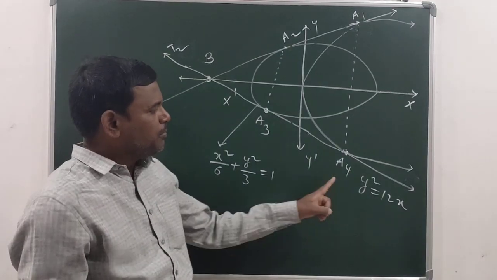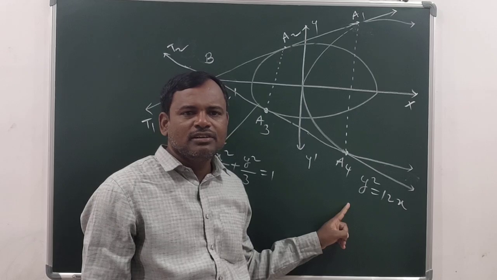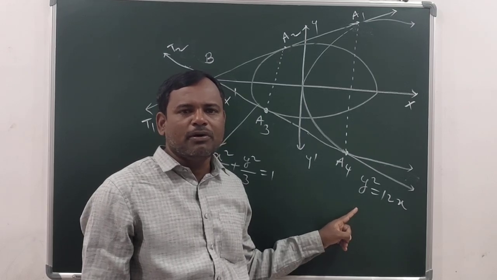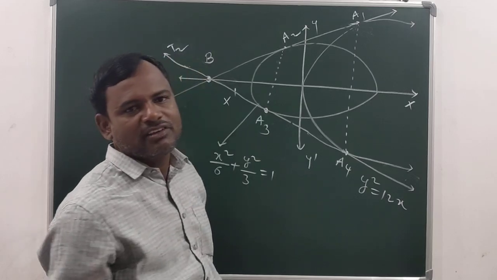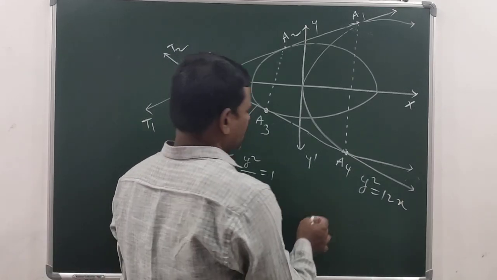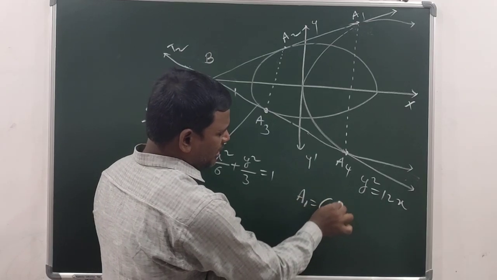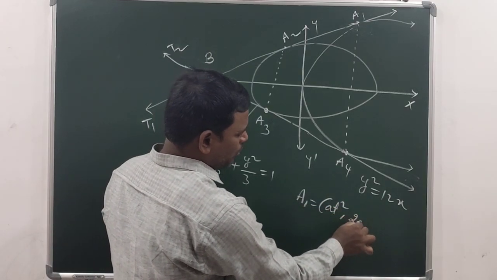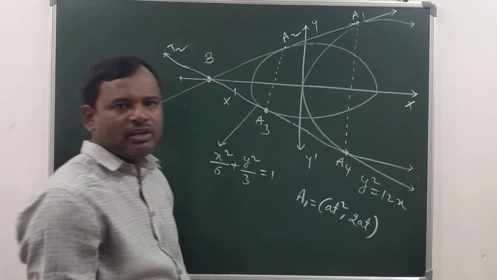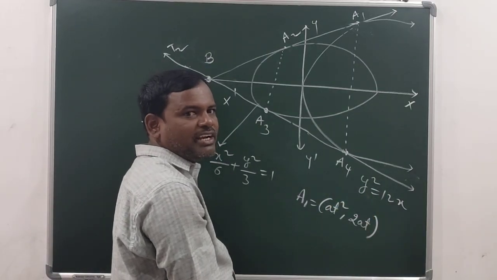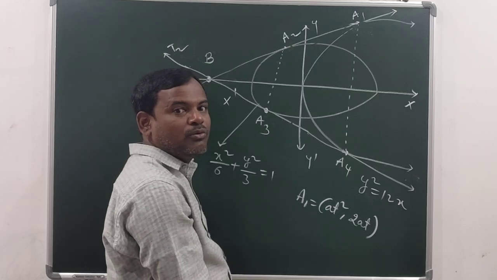You know, the parabola equation is given as y square equal to 12x. The parametric form of a point on the parabola is (at square, 2at). So here A1 is equal to (at square, 2at). Compare the parabola equation with the standard form y square equal to 4ax.